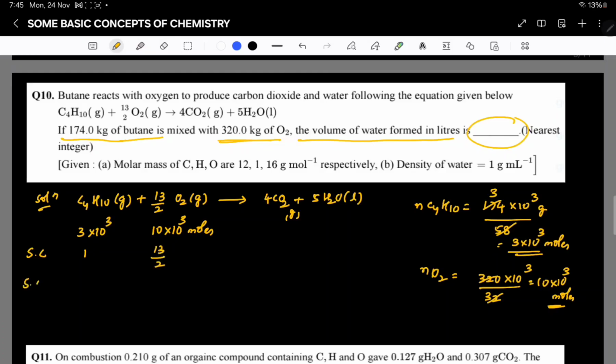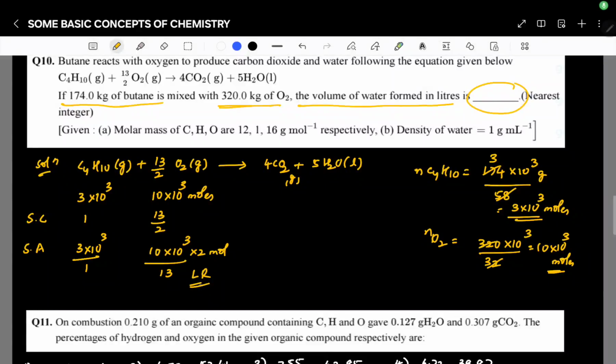Now the stoichiometric amount, student, will be 3 into 10 power 3 by 1. This will be 10 into 10 power 3 divided by 13 by 2, student, right? So after simplification, student, this is our limiting reagent, right?